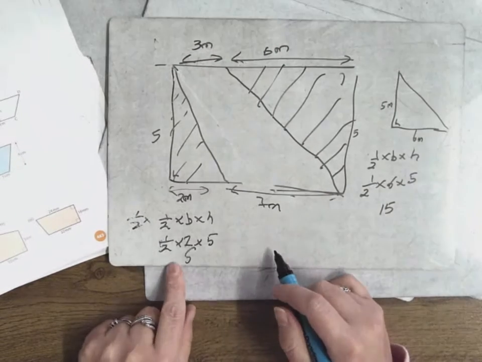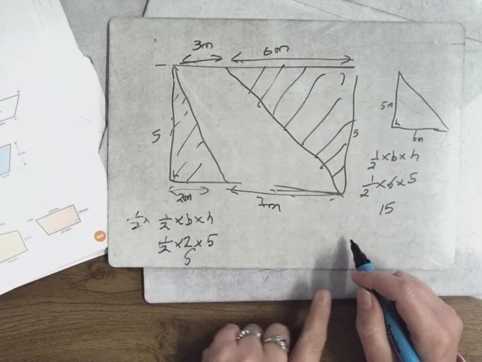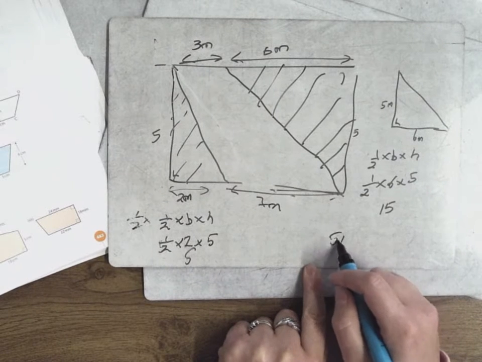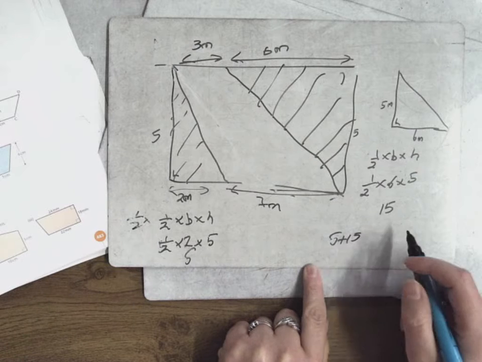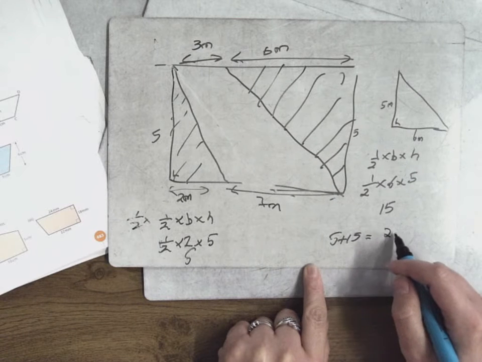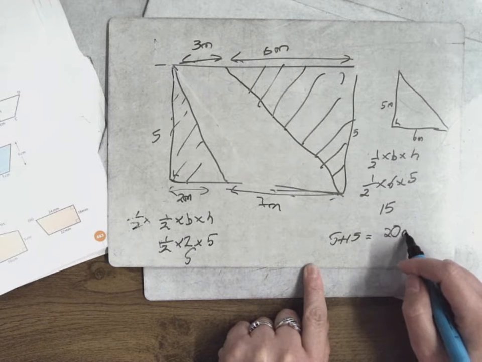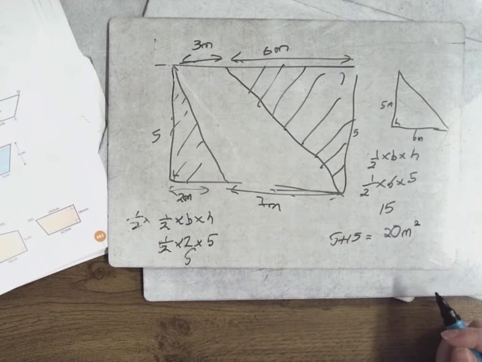And then the shaded bits are this 5 and this 15. So 5 plus 15 gives me 20, and everything was in meters, so it's 20 meters squared. Is that okay?